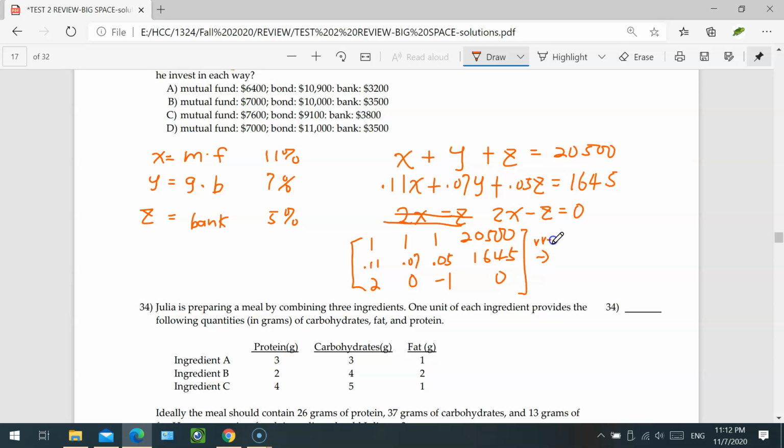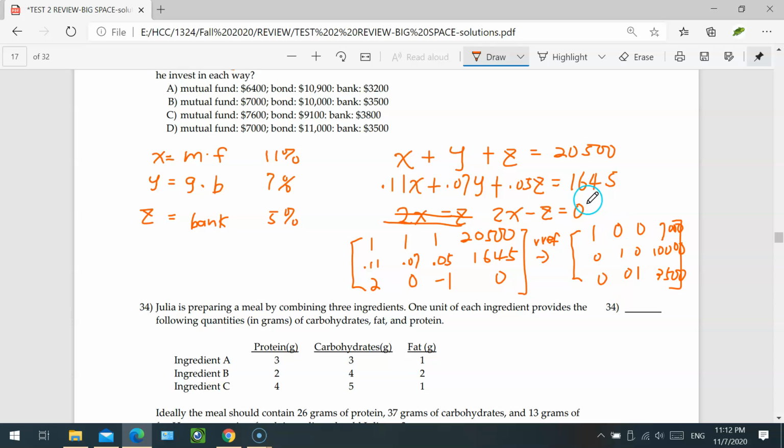So the RREF, after the row reduction echelon, the calculation we have here turns to 1, 0, 0, 7,000, 0, 1, 0, 10,000, and 0, 0, 1 is 3,500.